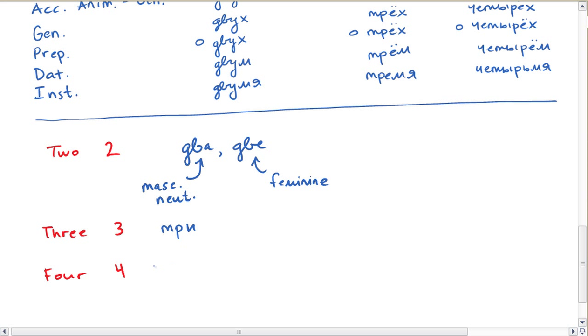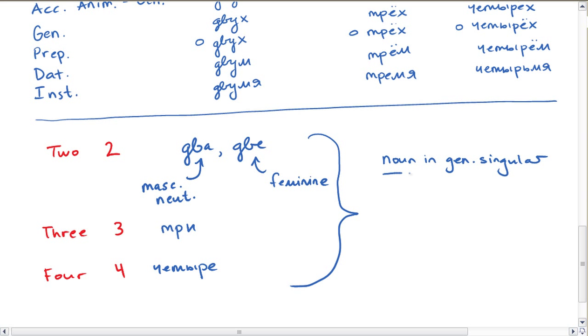So 3 and 4. When they're modifying a noun and adjective, it's kind of complicated, but you're going to put the noun in the genitive singular, and the adjective will be genitive plural if it's a masculine or neuter noun, and if it's feminine, the adjective is going to be in the nominative plural.